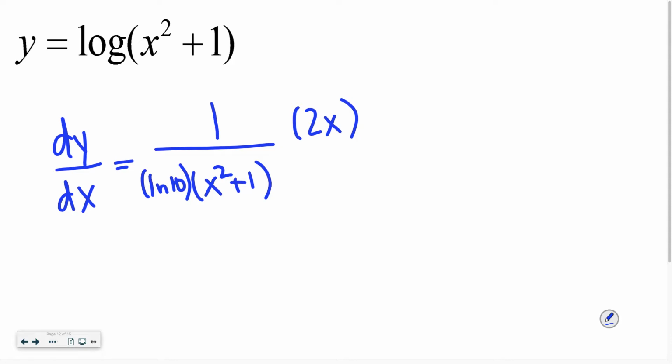Now, some of you might think, well, how often do we have logarithms? Like, is this really going to pop up that often? You don't have to necessarily have a logarithm in your equation to use a logarithmic derivative.